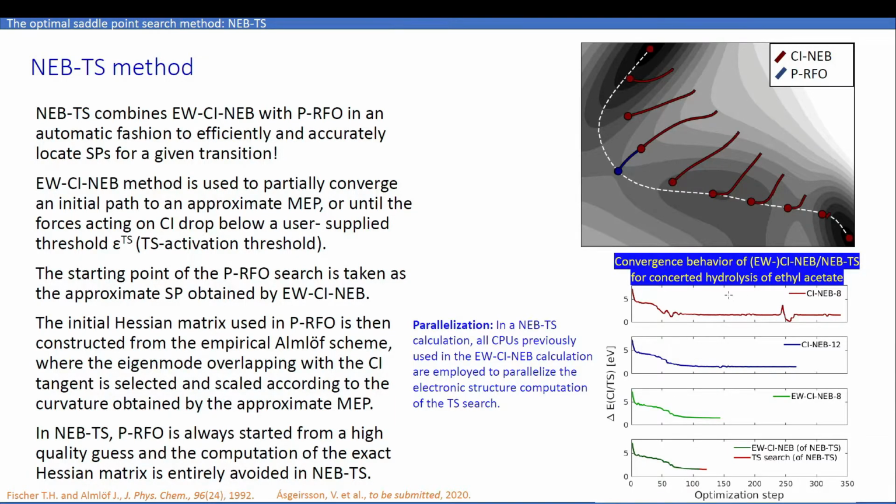It's really evident how the convergence behavior of the calculations improves as you move down the plot. I would also like to mention that in NEP-TS calculations, all CPUs that were previously used to parallelize the clamping image NEB calculations are redirected to parallelize the electronic structure computations in the TS search.